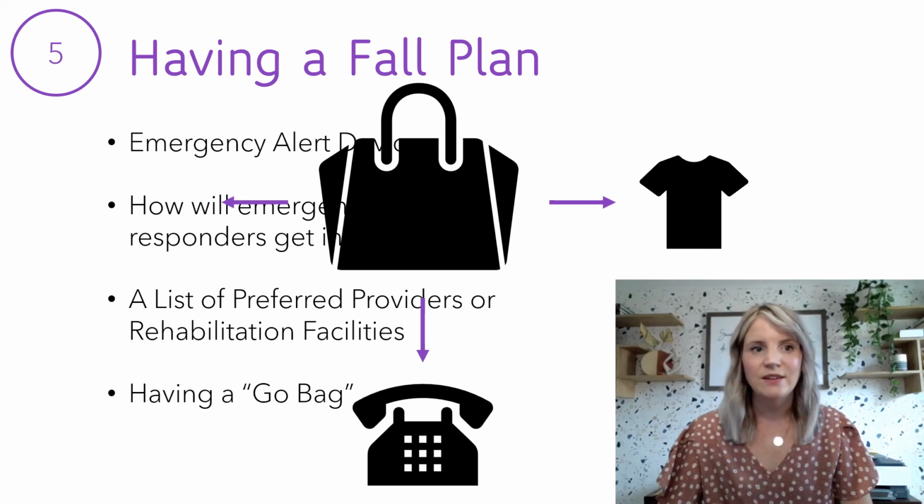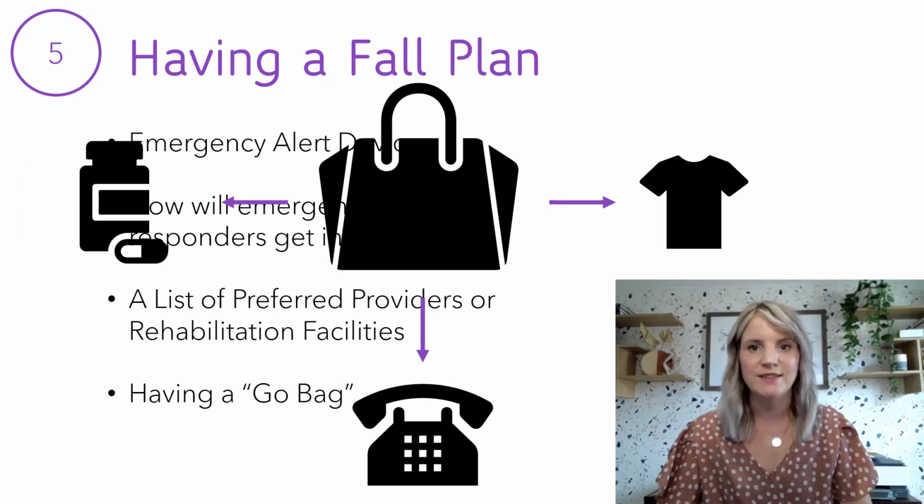Next, you'll want to have a list of your emergency contacts, or who you would want to be called to alert that you've had a fall and where you are. Also add a list of your current medications. It's important for your doctor to know what you are currently taking so they know to avoid any medication interactions.